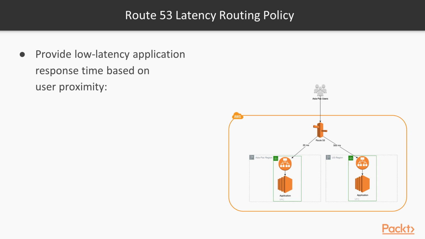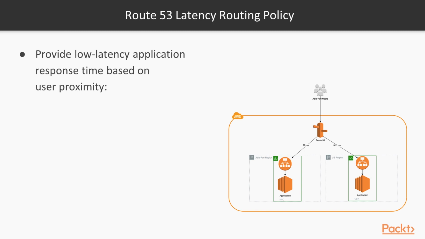Next up, Route 53 latency policy routing. With latency policy routing, you provide low latency application response time based on user proximity. So here you can see the example. We have Asia Pac users, or Asia Pacific users, coming to our domain, and we are going to want to route Asia Pac users to the Asia Pacific region.